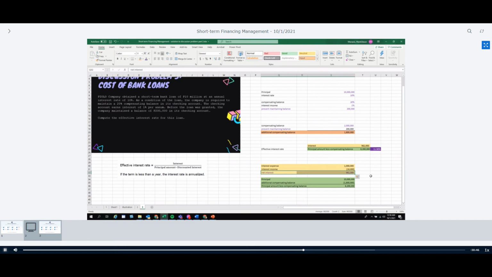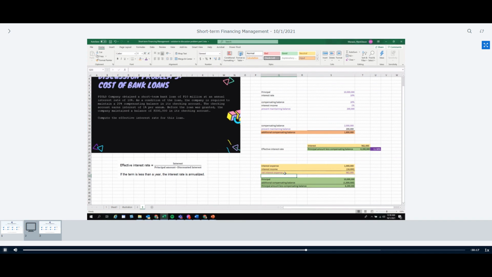O sige, balikan natin class ha, at dandahanin pa ulit natin. Ang reason kung bakit natin dinededuct tong interest income is to get the net interest expense. Kasi nga, there's compensating balance involved, and this compensating balance earns interest income, kailangan natin i-account yun to get the effective interest rate.